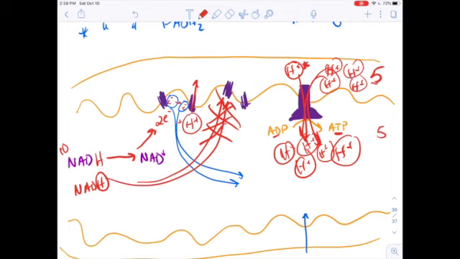So if oxygen isn't around, the cell can't make more ATP, and NADH and FADH2 can't give up any more hydrogen atoms to the electron transport system. So a cell can't make any more ATP that way. It's screwed.